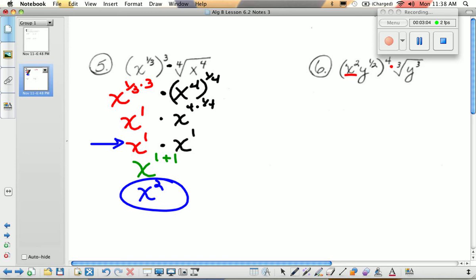Do we take x squared times y to the 1/2? No, we can't because they don't have the same base. Don't you just multiply them separately? We give each of them their own power of 4. Yeah. So we say x squared has to be taken to the 4th power, and y to the 1/2 power has to be taken to the 4th power.